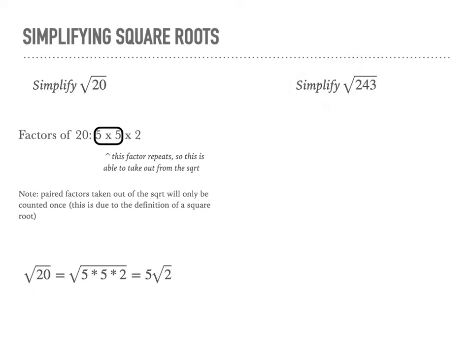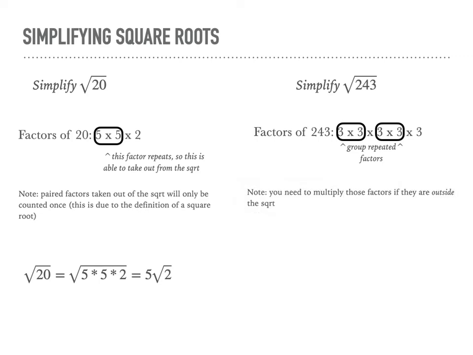Let's say we have to simplify the square root of 243. Writing out all its factors, we get 3 times 3 times 3 times 3 times 3. As you can see, there are two pairs of repeated factors. Something to note is that you will need to multiply these factors once they're taken out of the square root.